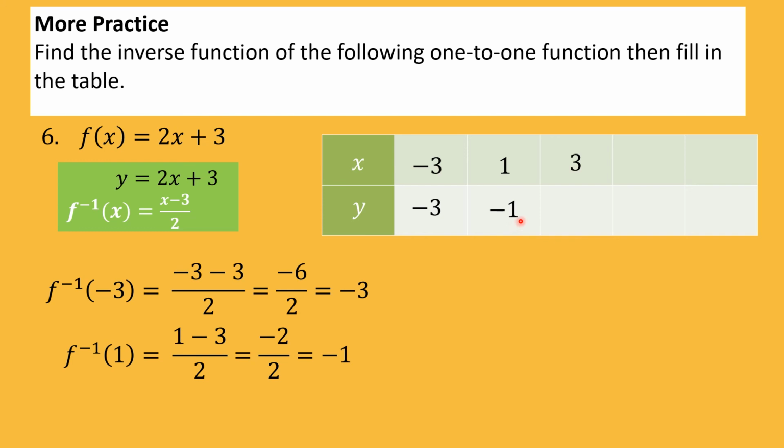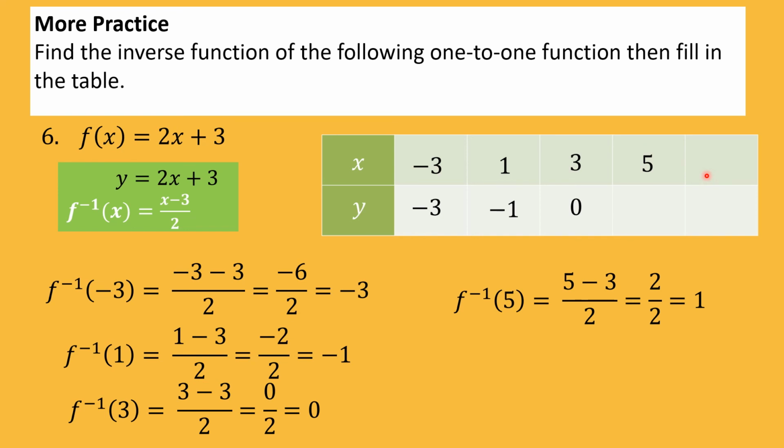Next value is 3. Okay, so ipapalit nga natin ngayon etong 3 doon sa x ng ating inverse function. So, f raised to the negative 1 of 3 is equal to 3 minus 3 all over 2. And then 3 minus 3 is 0 divided by 2 is 0. So, ang sagot natin sa y ay 0. Next is, the value of x is 5.